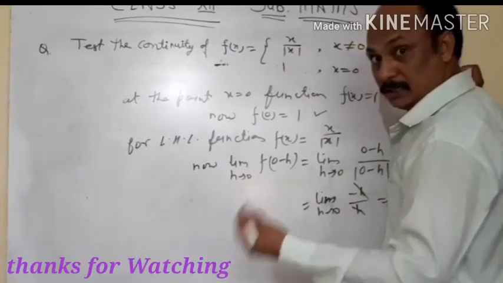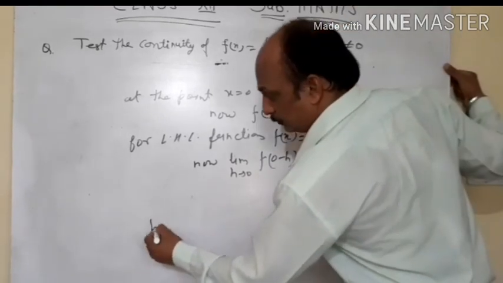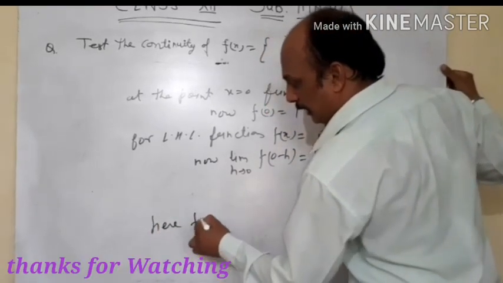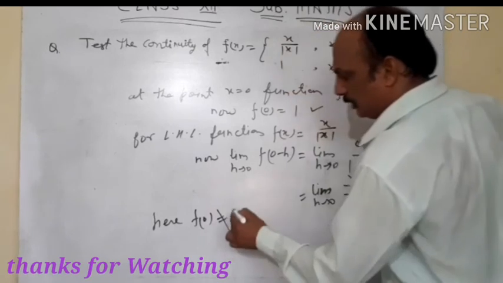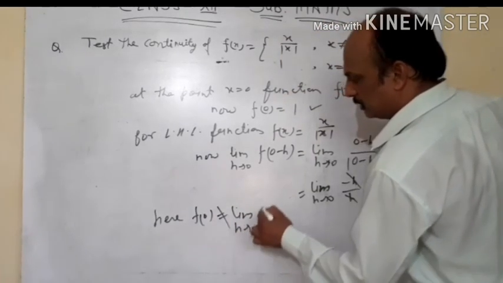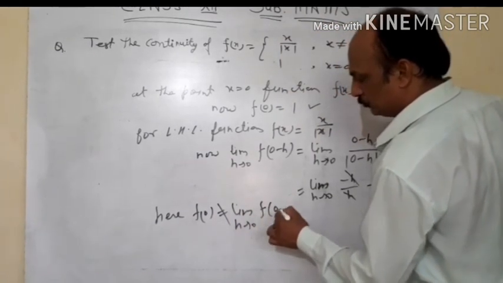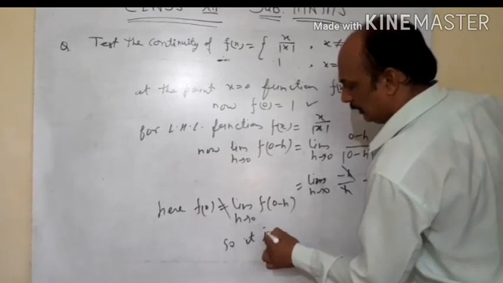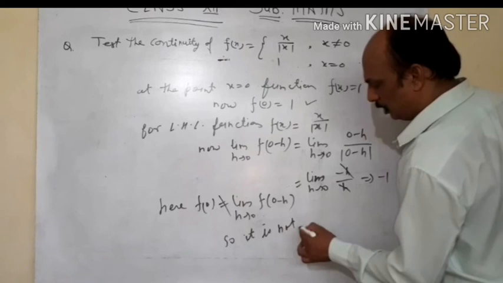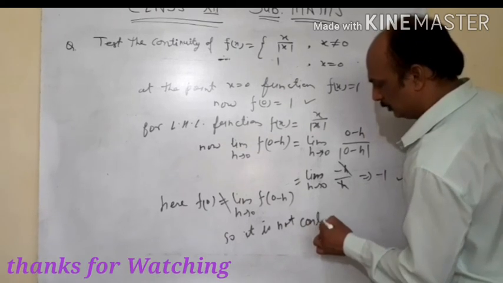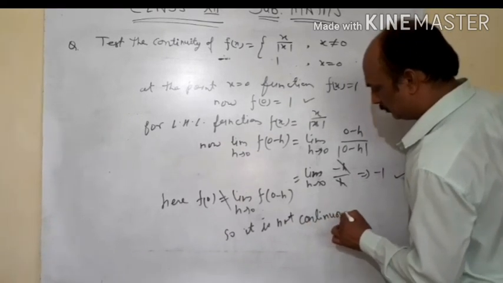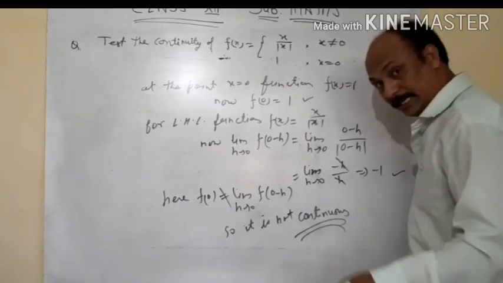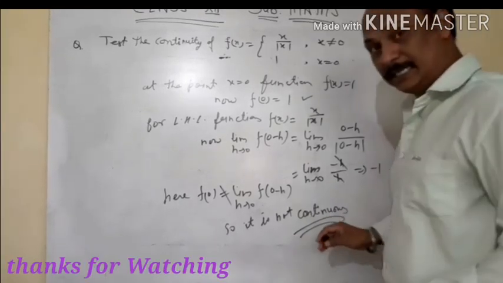So, we mention here f(0) is not equal to limit h tends to 0, f(0 minus h). So, it is not continuous. Okay? Yes? Is that clear?